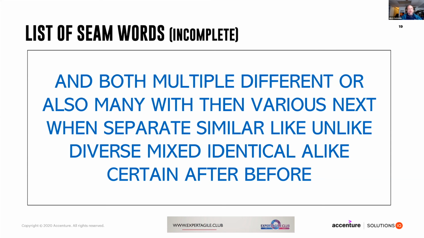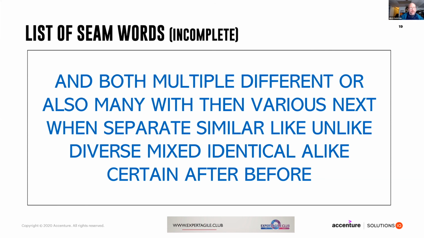Or if I talk about mixed, identical, alike, these are all comparative things. Certain is identification. After, before, it might be workflow or some other type of timing. It all implies multiplicity. And that's what we're looking for inside our stories. We're looking for multiplicity that we can take advantage of. And the seam words are the easy way to do that.